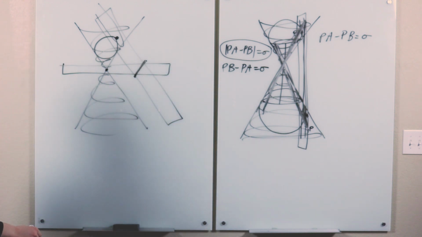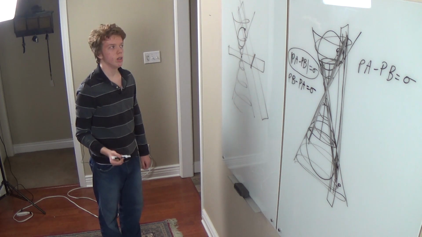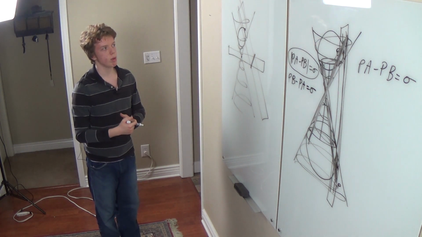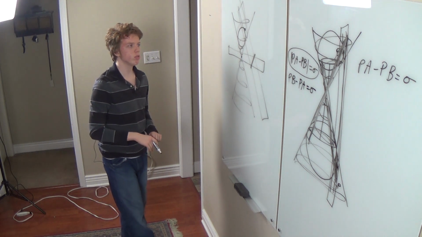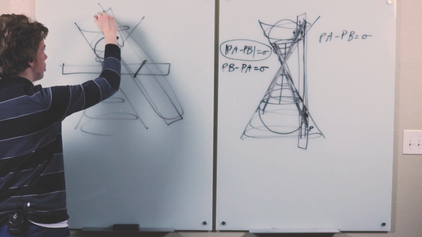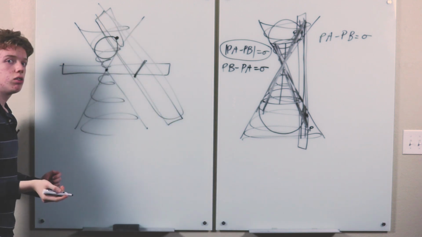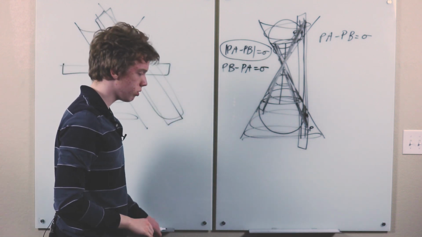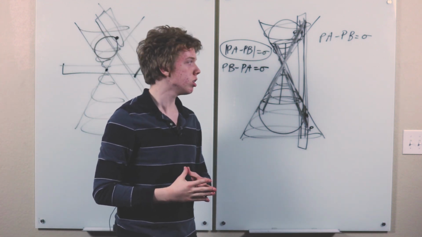But I'm really not sure. Maybe a proof along this line. Maybe we can do something along these lines to establish why all these points on this section lie on this parabola. So if you think of anything, feel free to write it in the comments or send me a message.